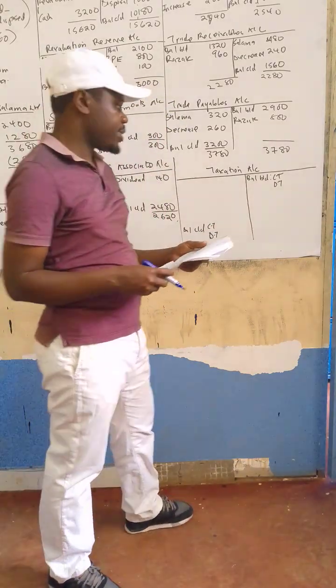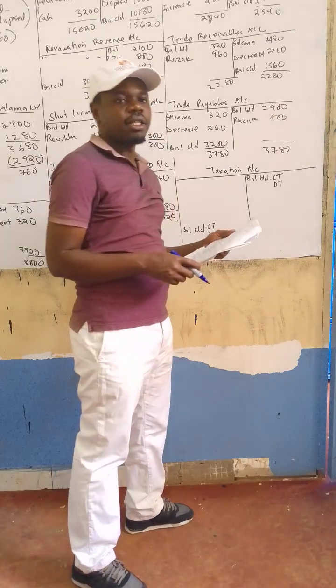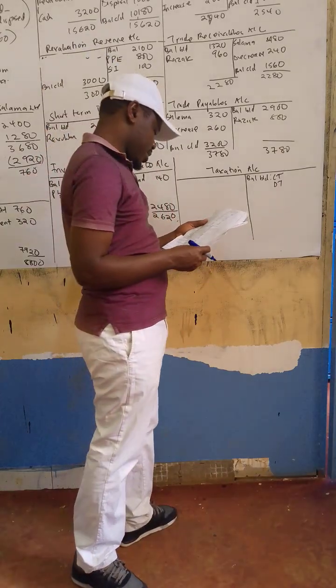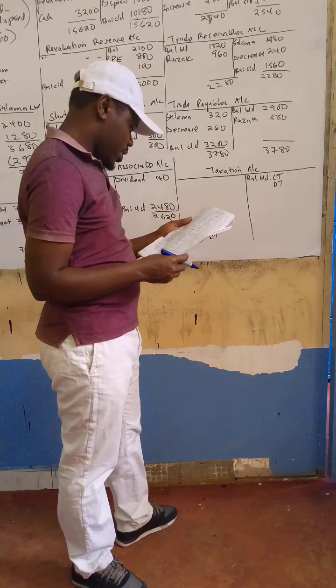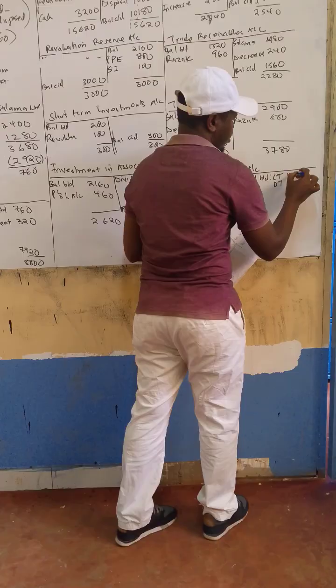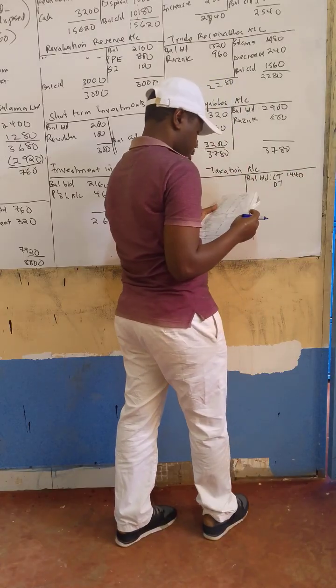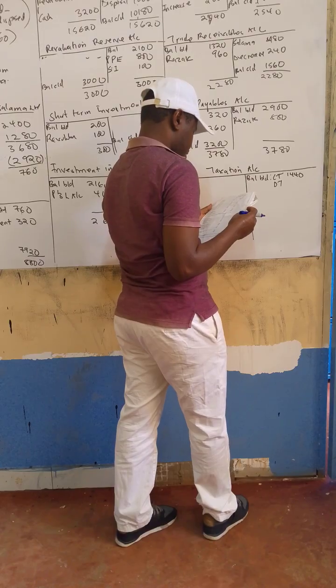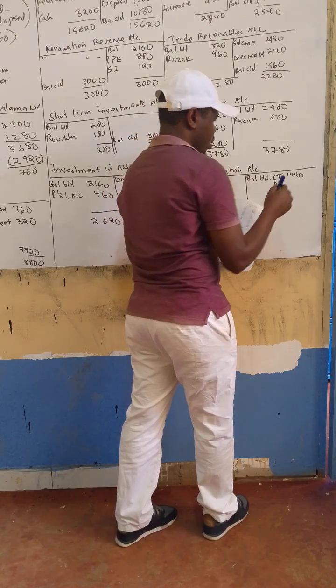So current tax is how much? Current tax was 1440, balance brought down. And deferred tax balance brought down was 420.